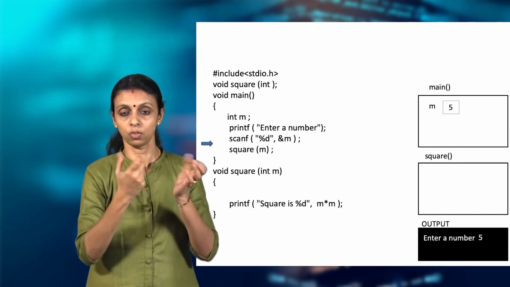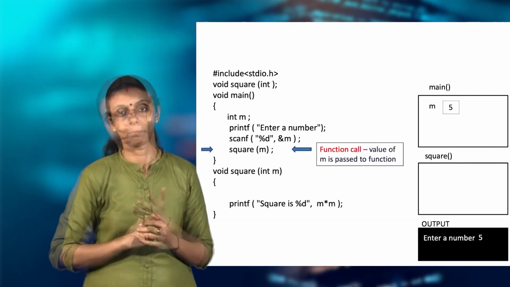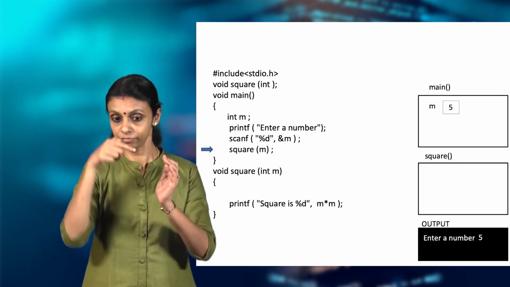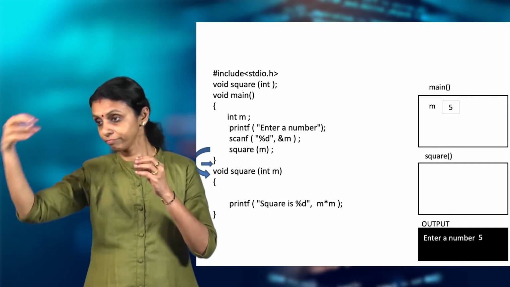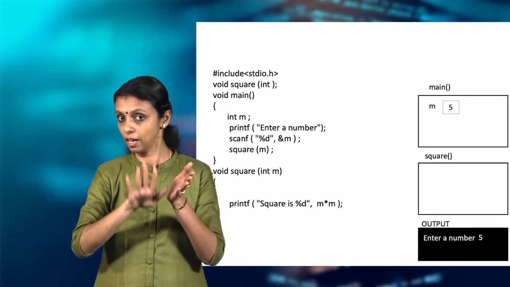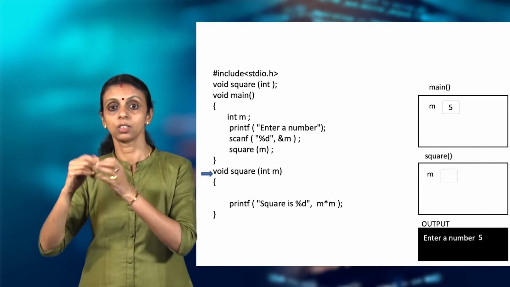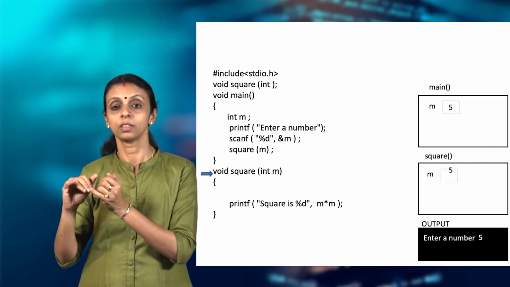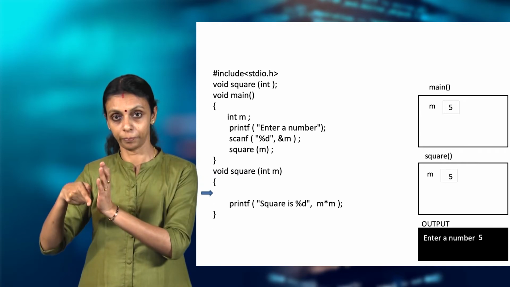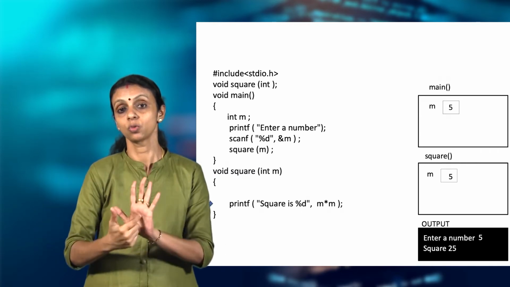Now consider the function definition. Here the copy of parameter value passed is in m, void square in brackets int m, and prints the square of m.